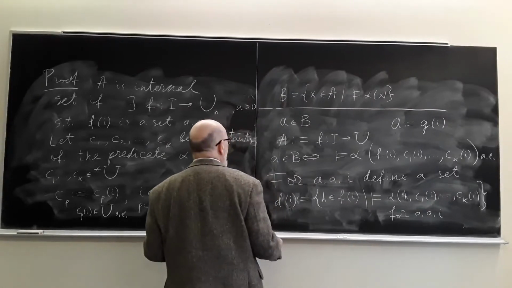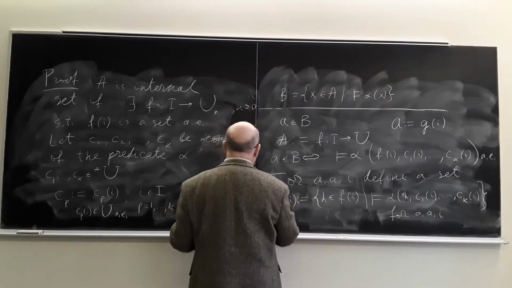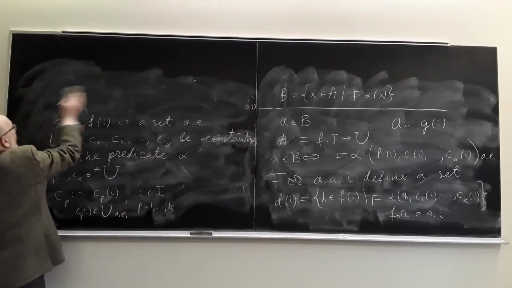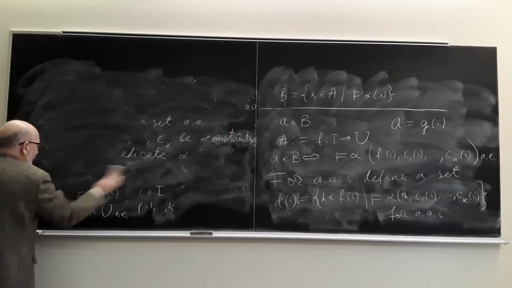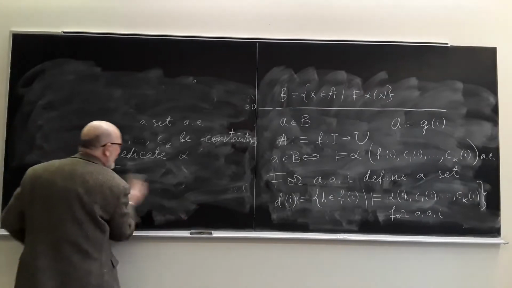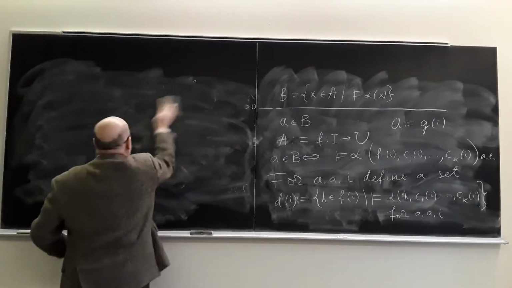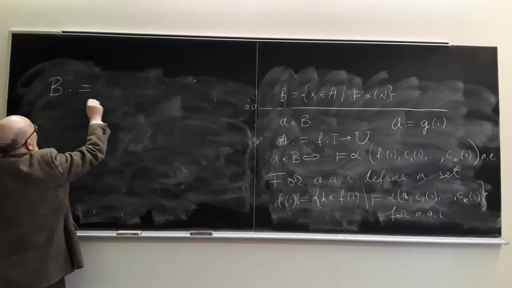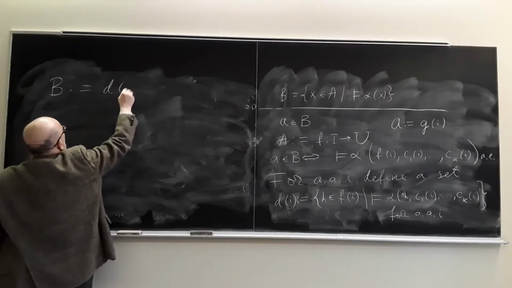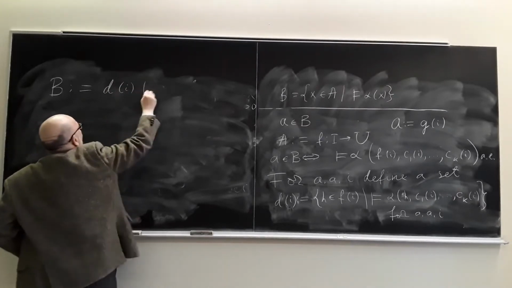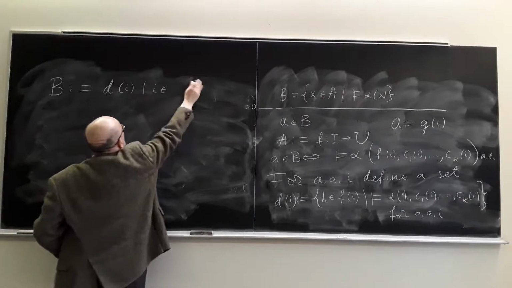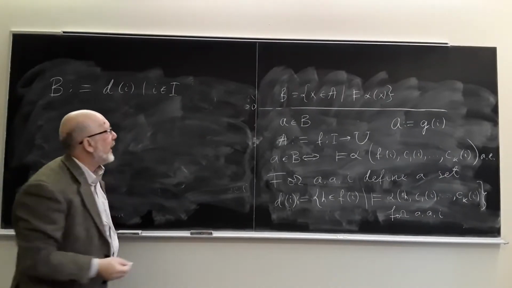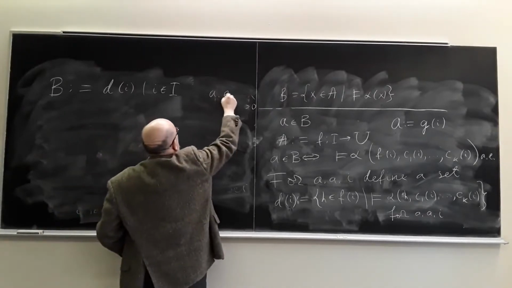And so the set B is this function D of I, again defined almost everywhere.